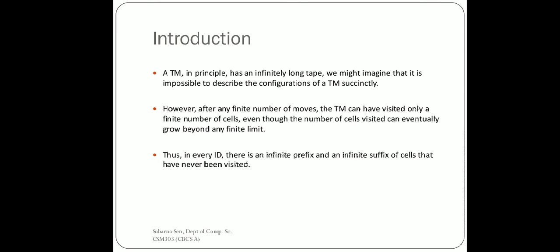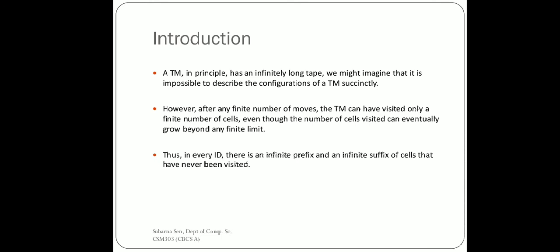Since the Turing machine is capable of implementing any kind of algorithm that a computer can process, there may be certain situations where this finite number of moves may go up to infinity, right? It may process an infinite number of symbols. Thus in every ID there is an infinite prefix and an infinite suffix of cells that have never been visited.